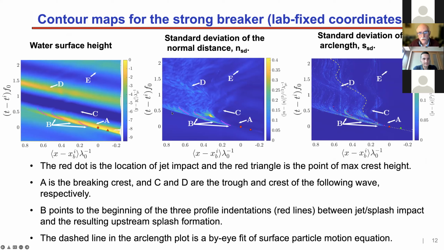This is the contour plot, again with the same axes, time and distance along the tank, of the standard deviation of the normal distance. You can see that it has a really interesting pattern. It, of course, is high up here at the leading edge of the breaking zone and very high here where the bubbles come out of the surface behind the wave.